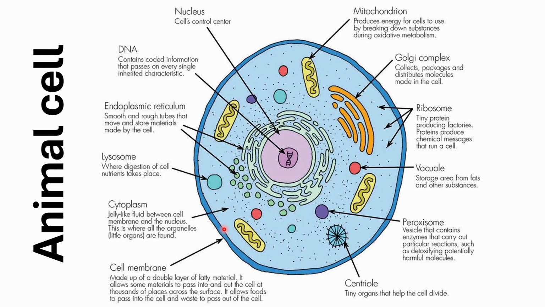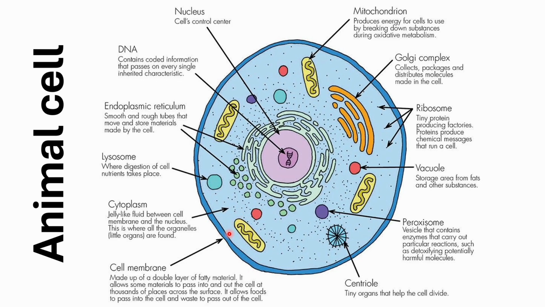There is a fluid in which all the organelles float. This jelly-like fluid between the cell membrane and the nucleus is called cytoplasm, and this is where all the organelles, or little organs, are found.